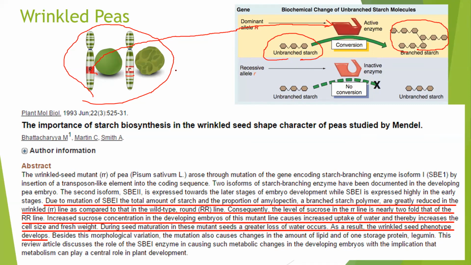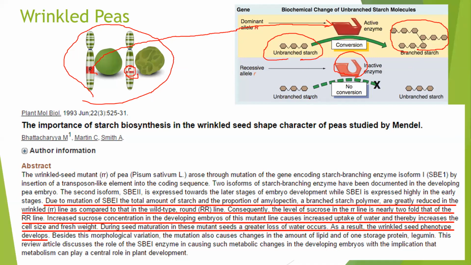Okay, now if something occurs in this allele, a mutation for example, and the function of this gene is removed, that means this allele cannot produce any functional enzyme here. So in this case, the pathway for conversion of the unbranched starch into the branched starch is blocked.